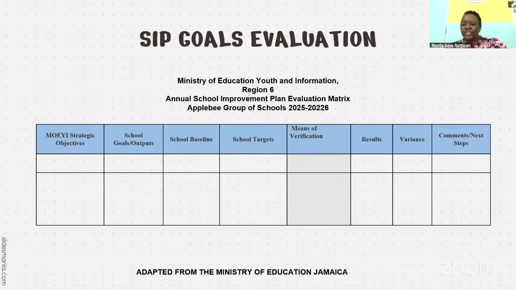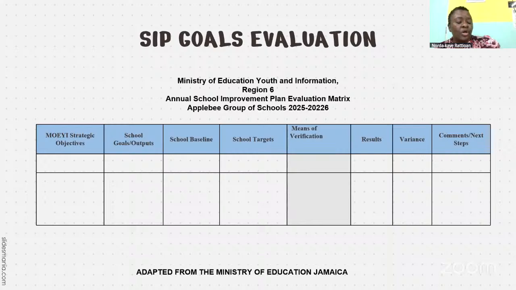Now, when I mentioned your school evaluation matrix, your operational plan, over the 3 years, you will have things that you will complete in year 1, year 2, and year 3. At the end of year 1, you complete what is called an annual school improvement plan evaluation matrix. This is where you're going to take your MOE strategic objectives.